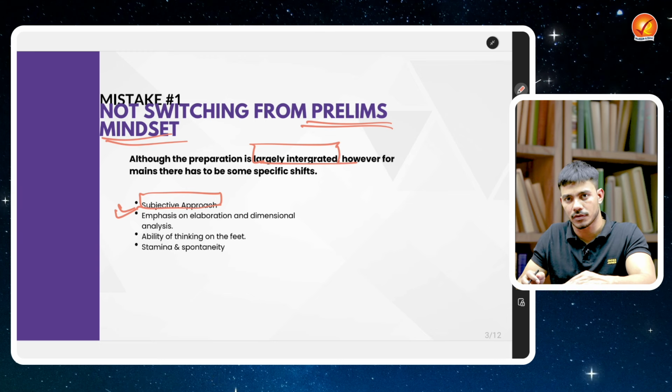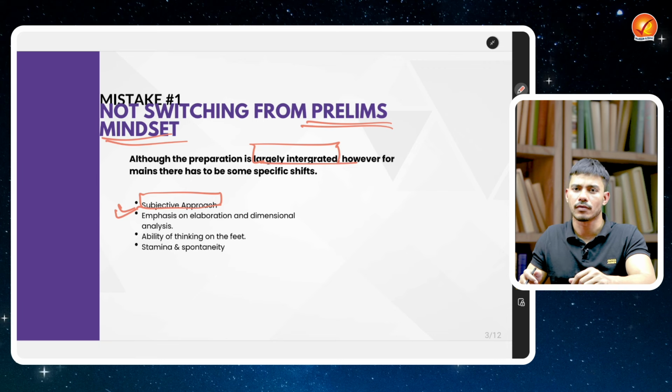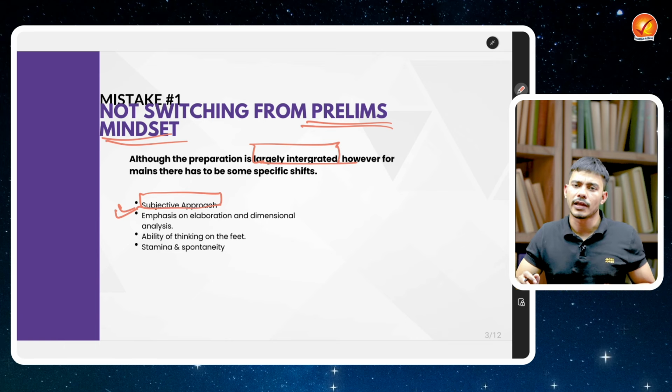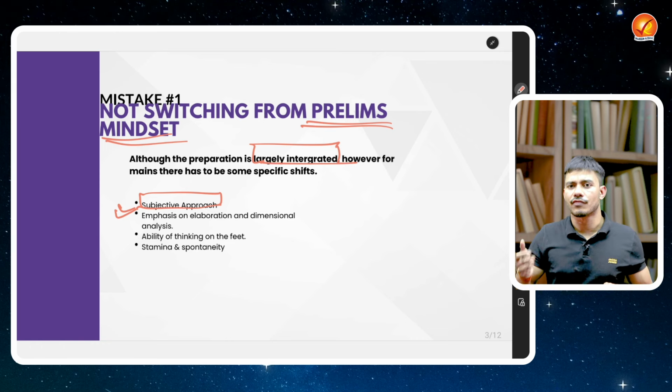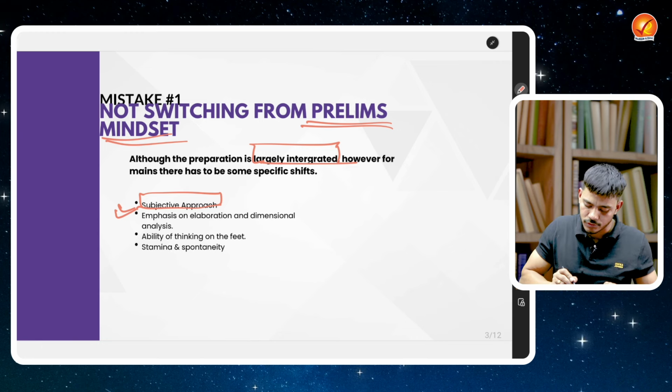Say, for example, the federalism topic of polity. In the prelims examination, you might prepare about the different aspects, more importantly the different properties, and you might expect a question about identifying the correct features or properties of federalism. However, when it comes to mains, you are expected to have a very elaborate command as well as the ability to do dimensional analysis.